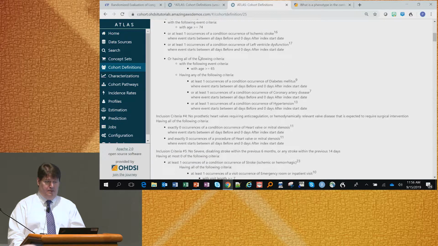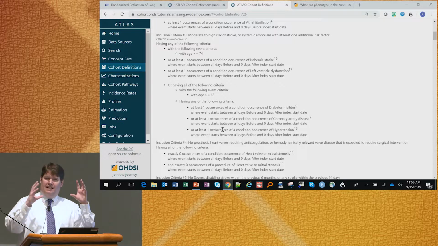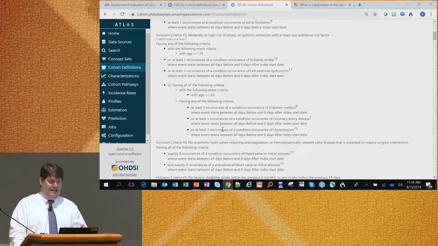It's a little bit more readable here when we talk about the age, the condition occurrences, and then the age of 65 with these other conditions. It's a lot more suited to human consumption. This is what you'd want to show somebody saying, what do you think of my cohort definition? You don't necessarily want to send them over to the UI because there's a lot of stuff happening in there.